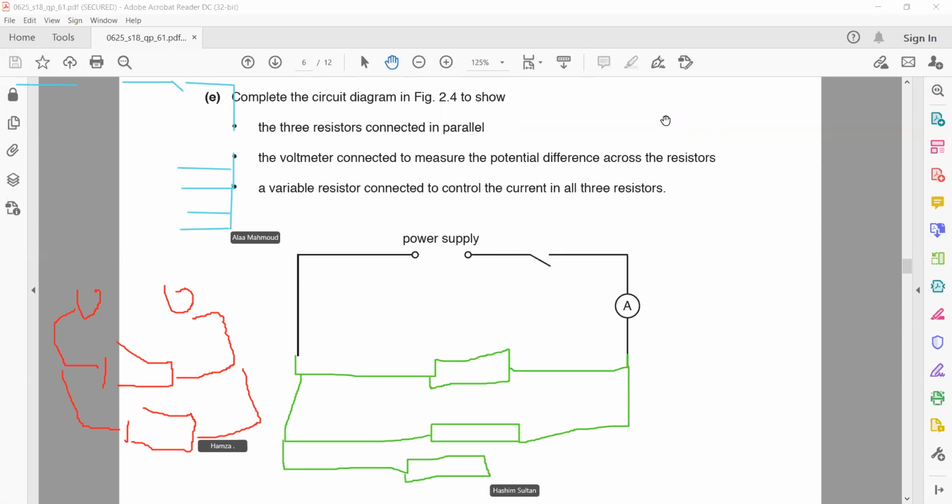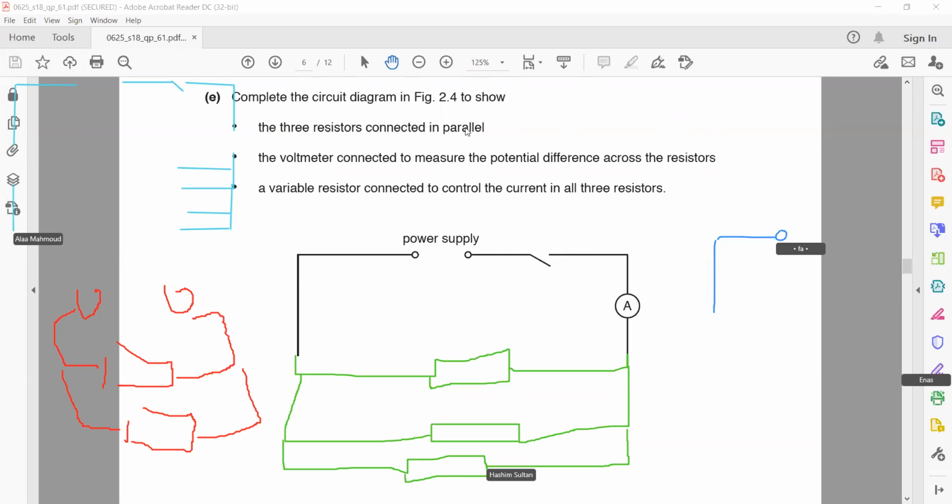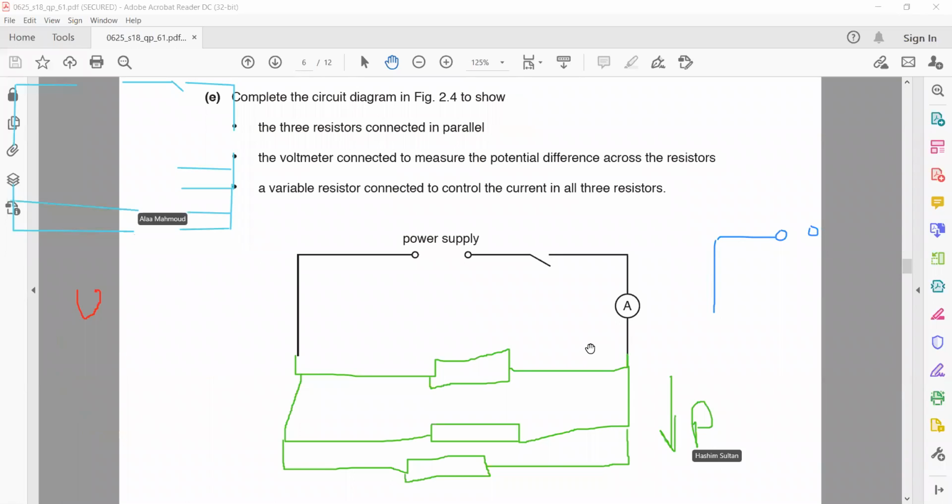Three resistors in parallel, a voltmeter to measure the voltage across the resistor, and a variable resistor which is used to control or change the current in the three resistors.